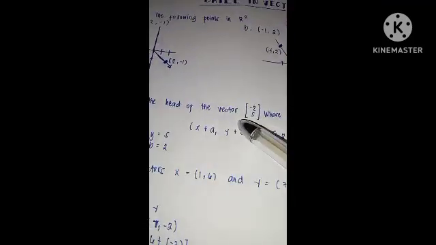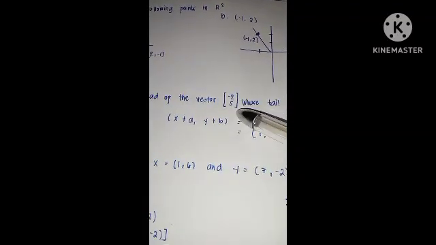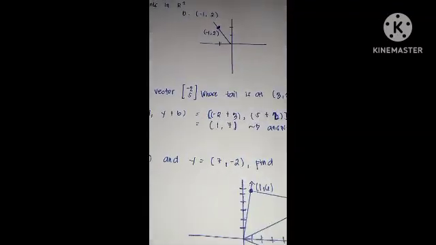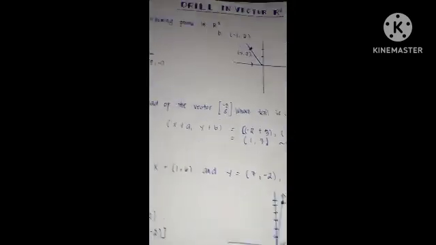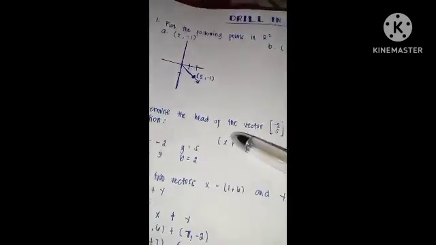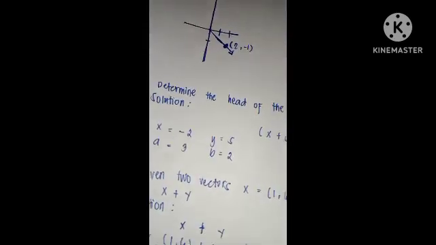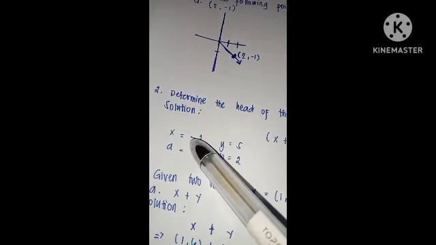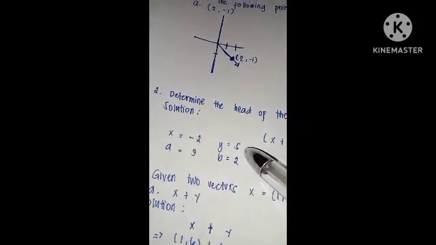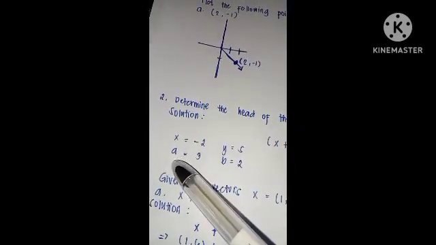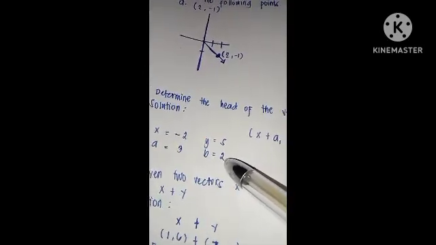Determine the head of the vector -2, 5, whose tail is at 3 and 2. Since we already have the tail, what we need to find is the head of the vector. The given x here is -2 and our y here is 5. Our A here is 3 and our B here is 2.